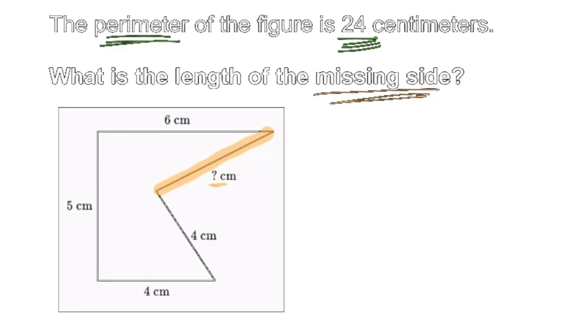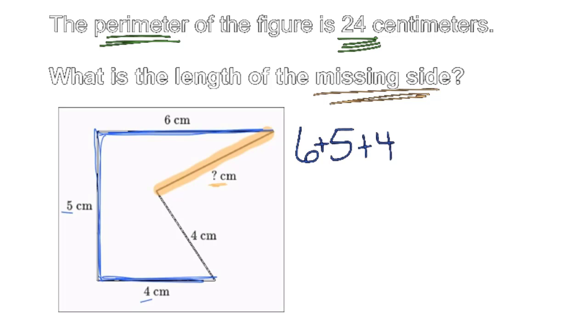So we've got to figure out what number should go on this missing side so that the entire length is 24 centimeters. So let's start with what we do know. We know that this top side has a length of 6 centimeters. Plus, going down the left has a length of 5 more centimeters. Plus, across the bottom is 4 more centimeters.